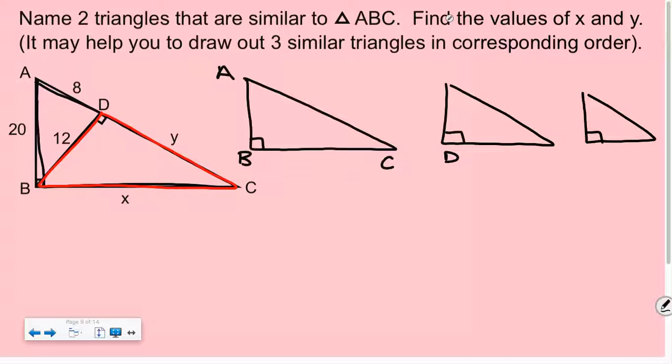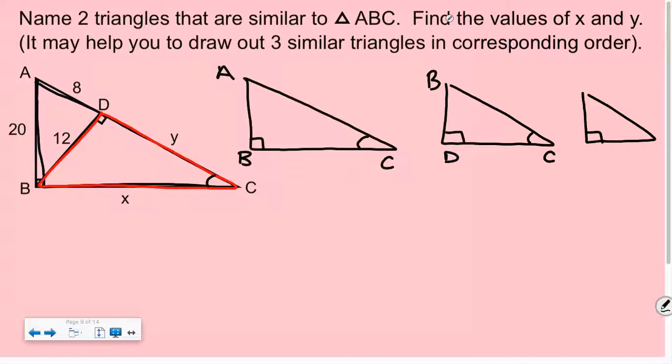Do they both completely use? C, right? Don't they both use C when I trace them? I trace the same 2 lines. Okay, so wherever C is on this picture, it needs to be in the same spot on my middle picture. So I'm going to put C down here, which means my top vertex must be B. They're the same angle, so I'm putting them in the same spot.